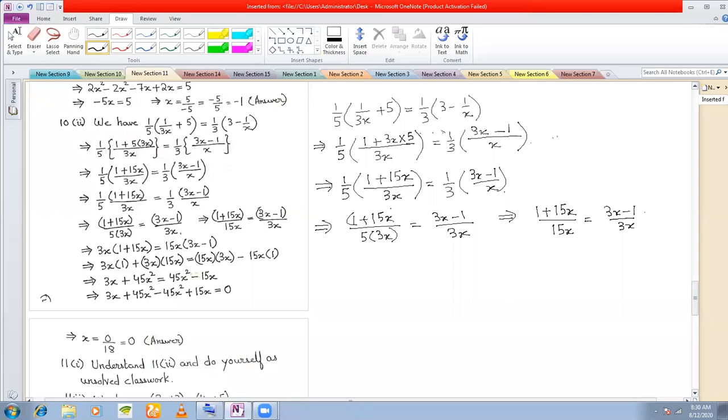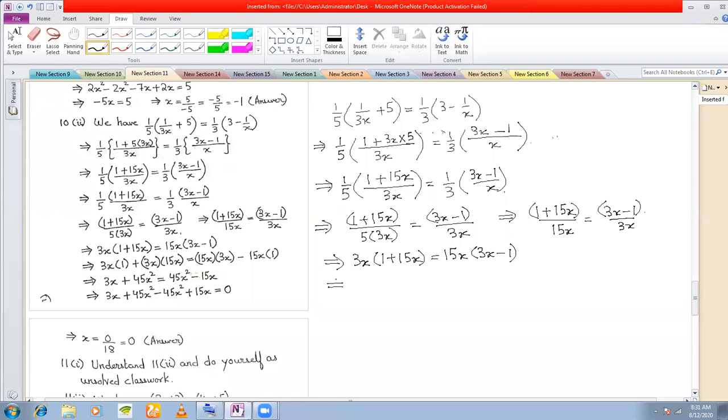Put these expressions under brackets. Next, you cross multiply. 3x into 1 plus 15x is equal to 15x into 3x minus 1.